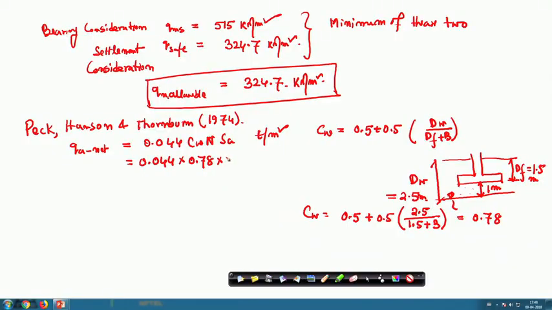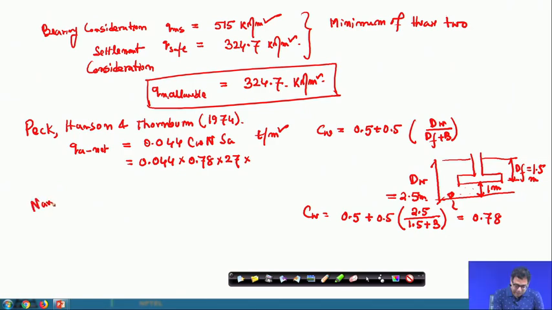So, we have to take 27, and the permissible settlement, S, is equal to 50 millimeter.